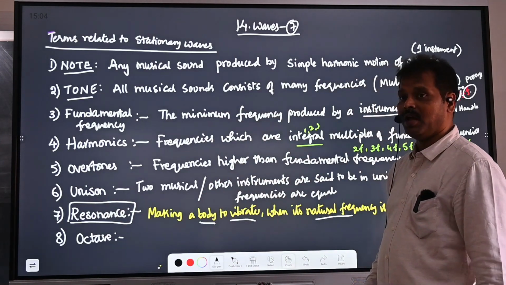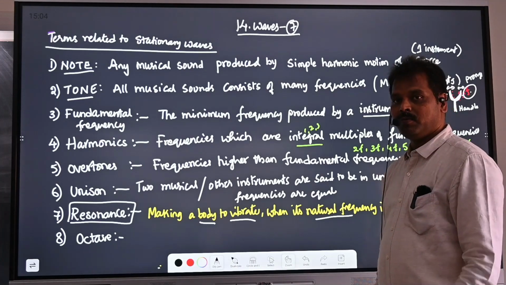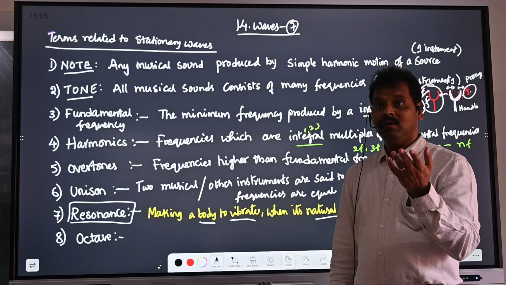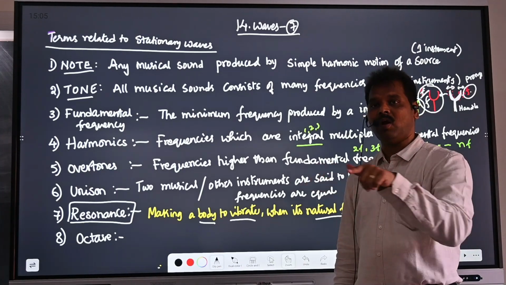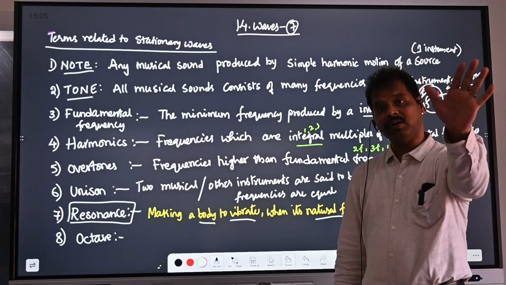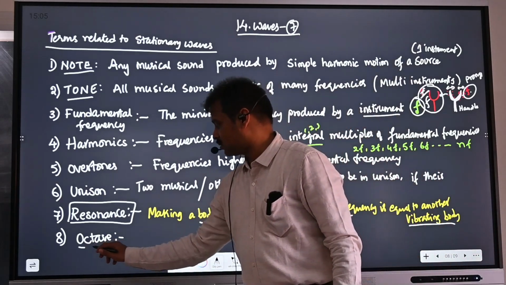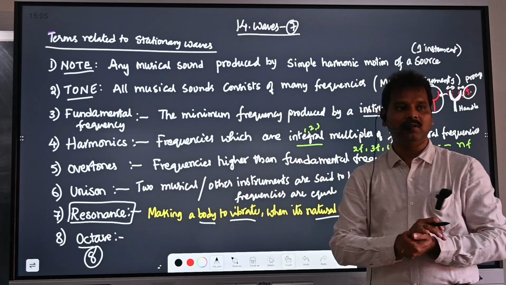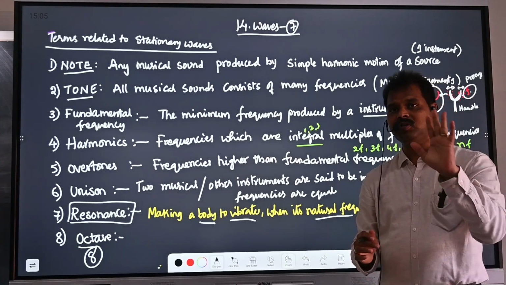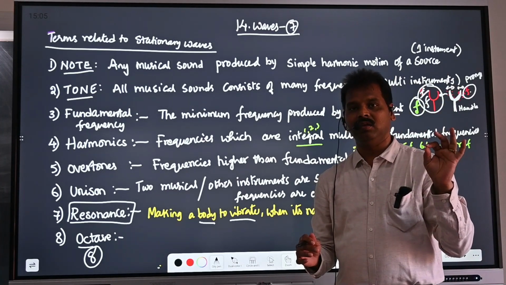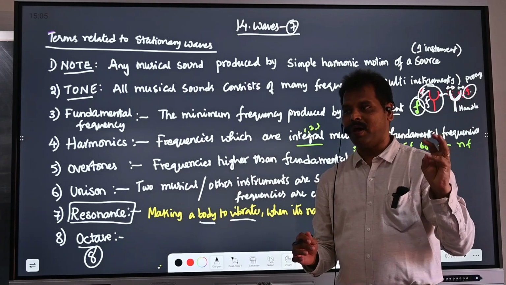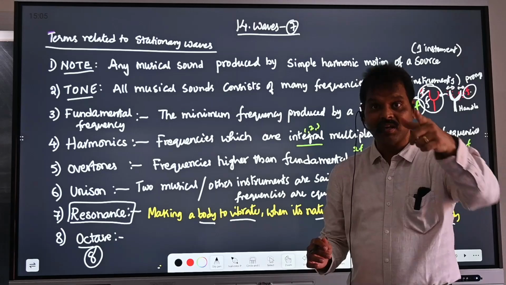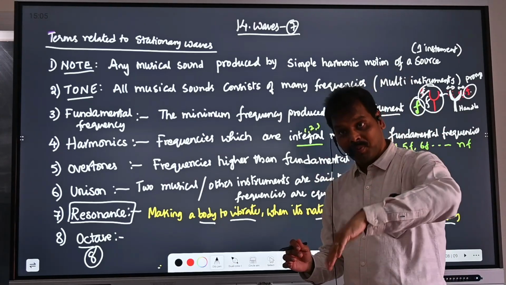Then octave. Students, if the frequency of a body is F and then the frequency becomes an octave to the initial frequency, octave, you know, 8, oct 8. If you see sa re ga ma pa da ni sa, the last sa is also once again the 8th one repeated.